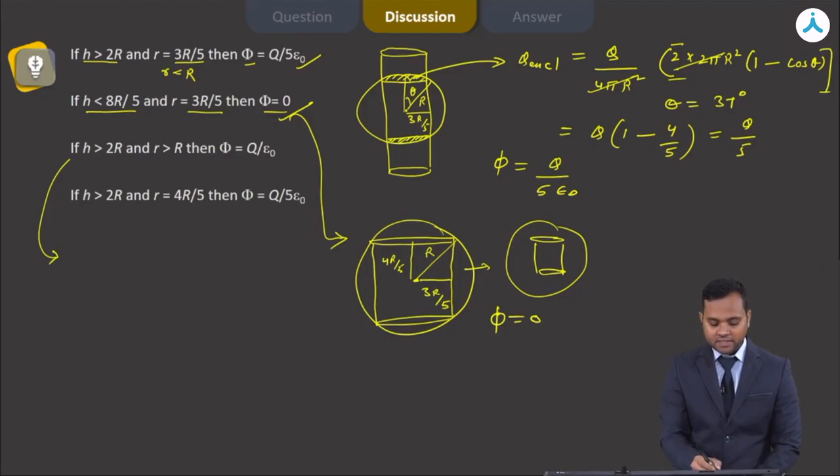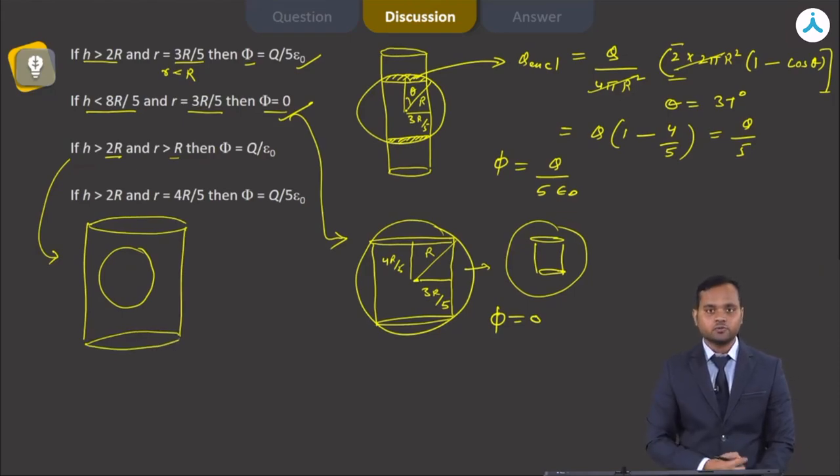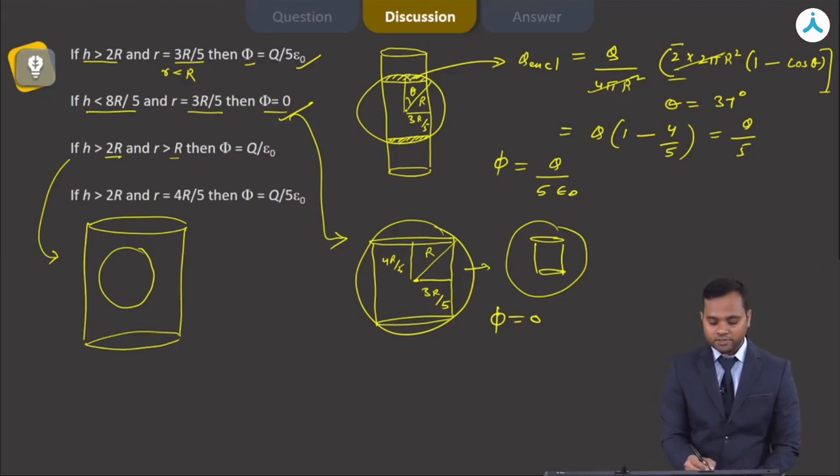We can say that if this is the spherical shell and the cylinder has height greater than 2R and the radius of the cylinder is also greater than capital R, that means the cylinder will lie completely outside the spherical shell. That means the total flux emitted by the spherical shell will be passing through the cylindrical surface only. So for this particular case, phi will be equal to q by epsilon naught. So this also seems correct here.